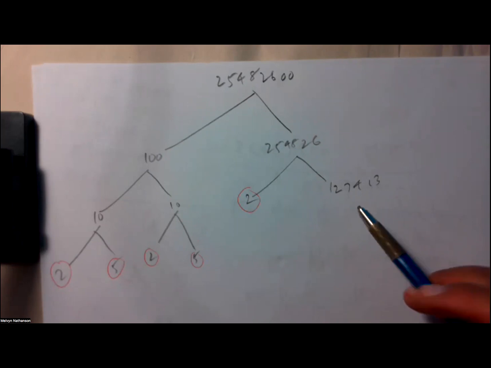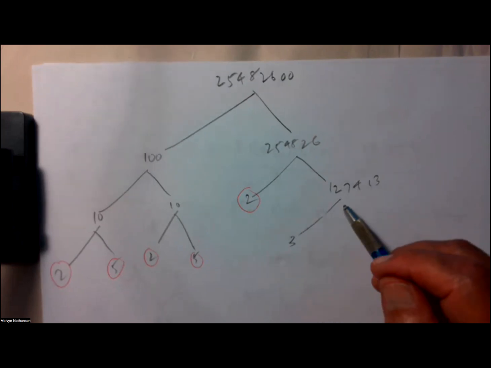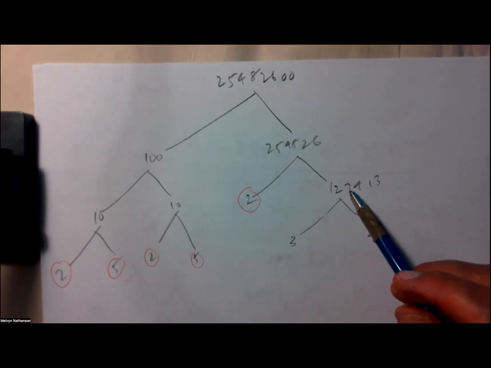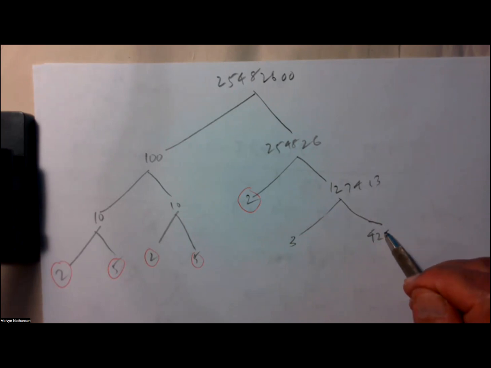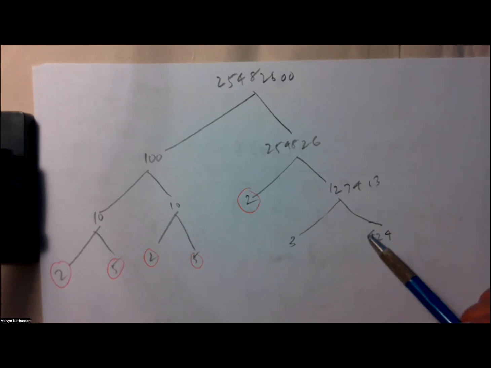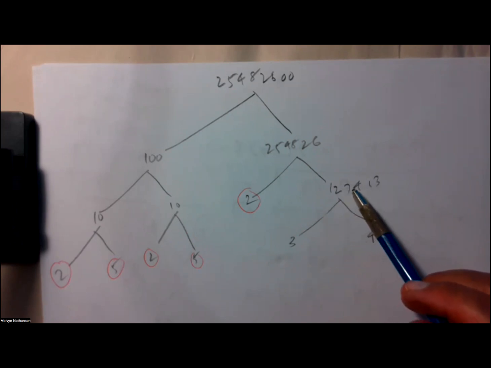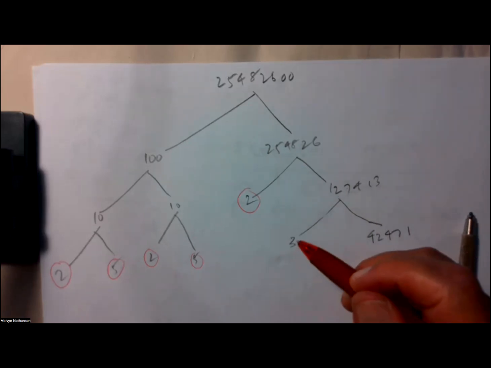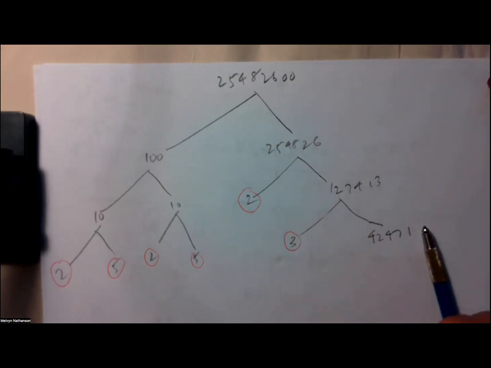Let me just see if it's divisible by 3. When I divide 3 into this, I get 4, 2, 4, 7, 1. 3 into 12 goes 4. 3 into 7 goes 2, leaves a remainder of 1. 3 into 14 goes 4. 3 into 12 goes 4. 3 into 7 goes 2. 3 into 14 goes 4, and leaves a remainder of 2. 3 into 21 goes 7 times 1. So this is a prime, but what about this guy?